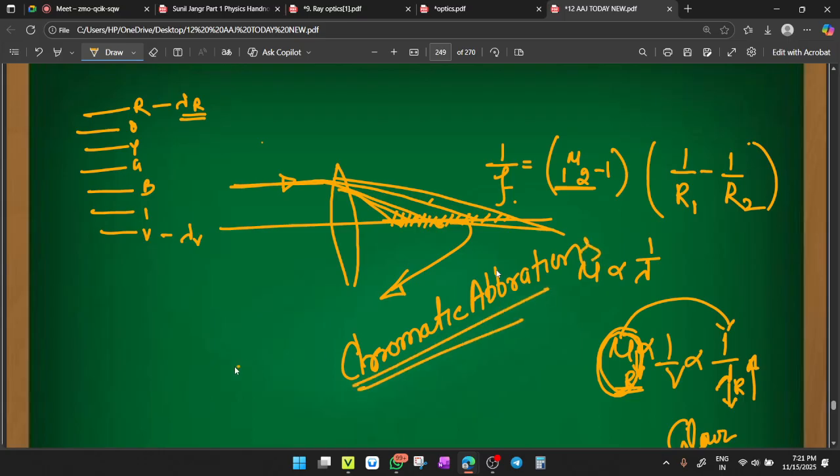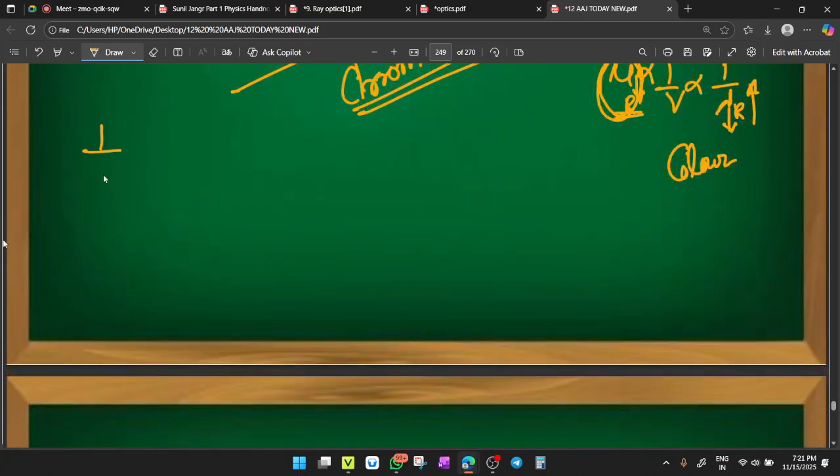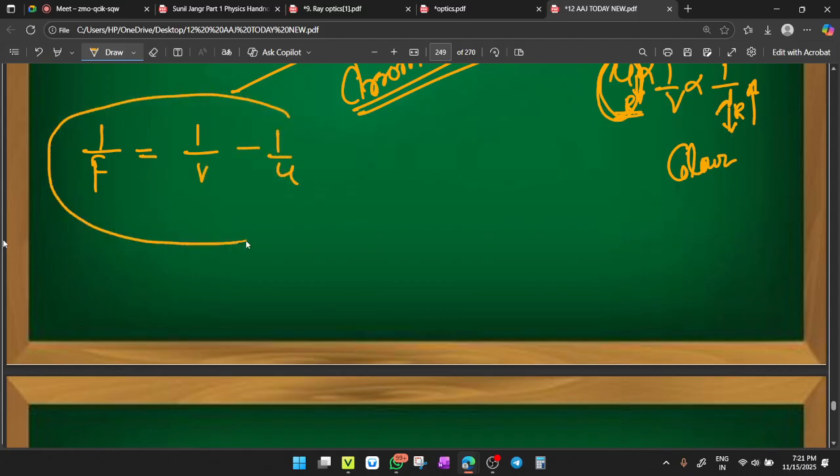This can be removed with the help of a mirror. Why? Because in a mirror, the focal length is given by 1 upon f equals 1 upon v minus 1 upon u. You see, students, there is no term related to the refractive index of the medium.